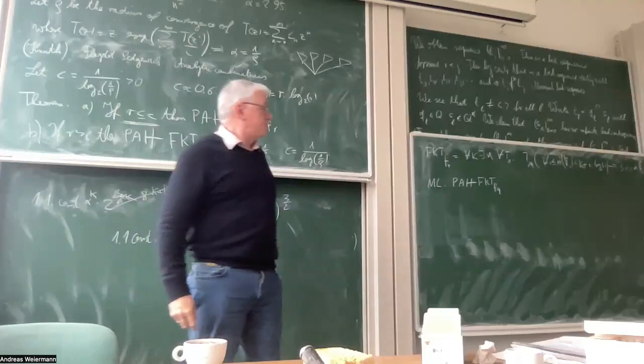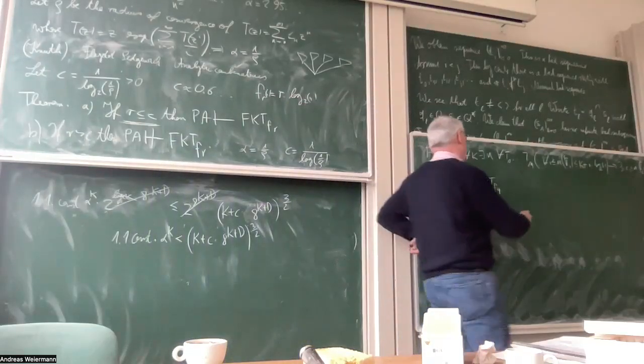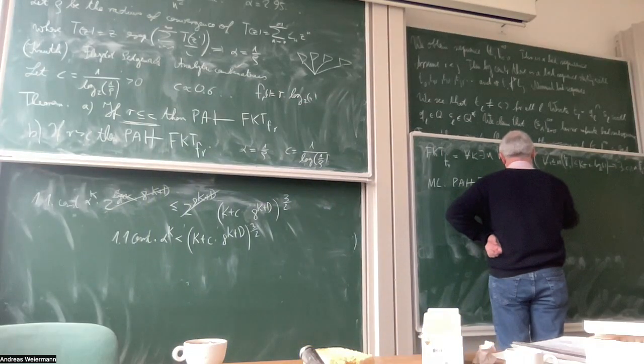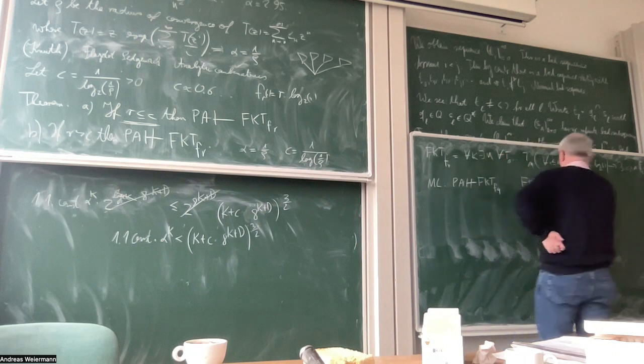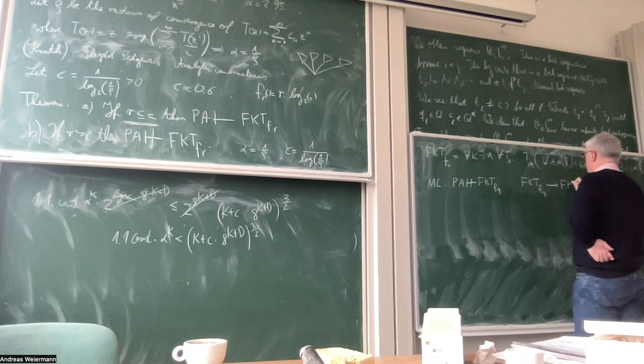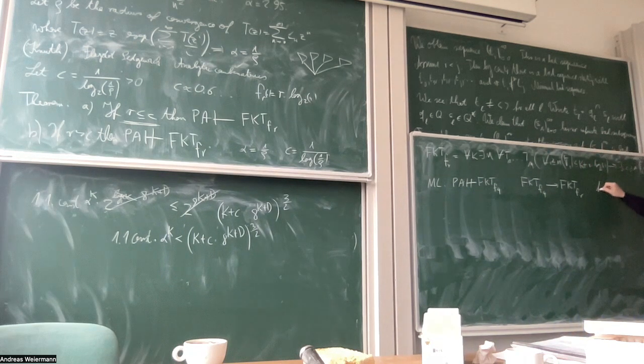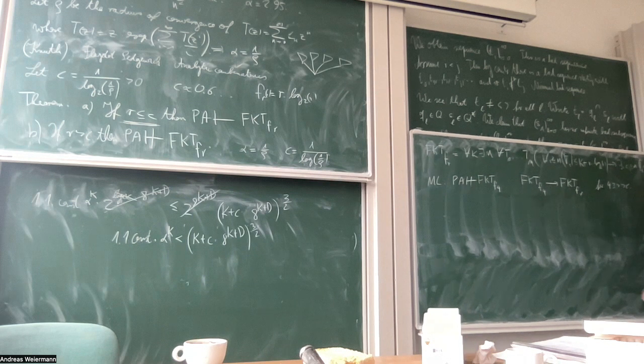Now what we will do is we will show FKT as 4 and thus FKT as R for all are bigger than all critical constant. We make a reduction. And then, since this is unprovable, what we will show is what?